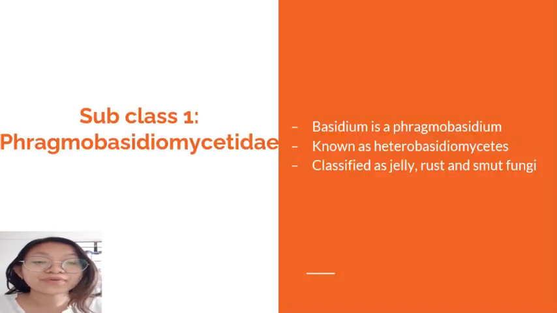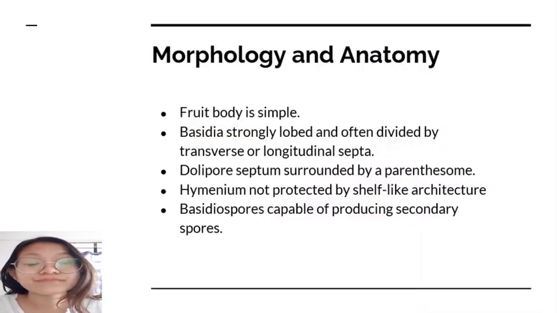Subclass 1, Phragmobasidiomycetidae. Here the basidium is a phragmobasidium, that is, the basidium is divided into 2 or 4 cells by septa. They are also known as heterobasidiomycetes and are classified as jelly fungi, rust fungi and smut fungi. Their morphology and anatomy are as follows.